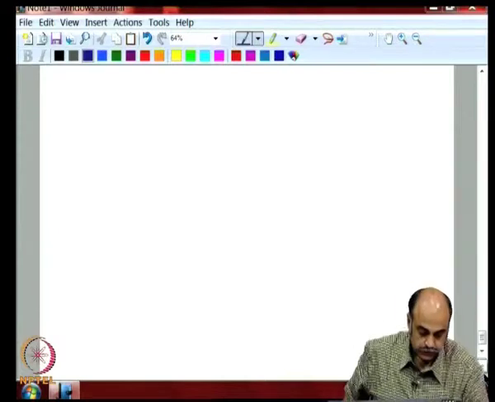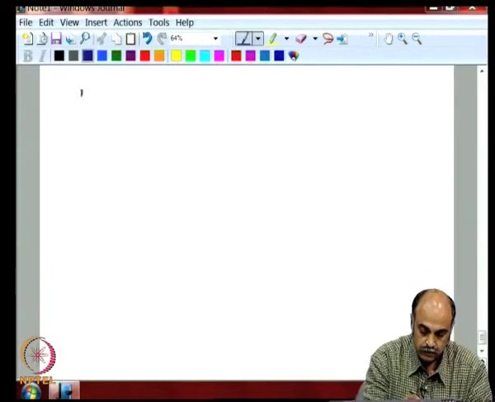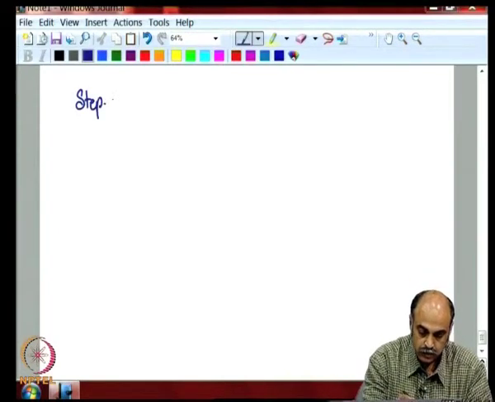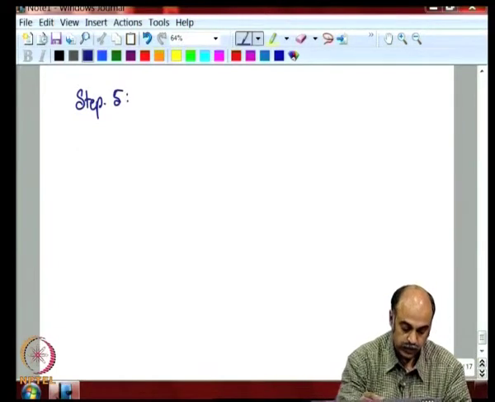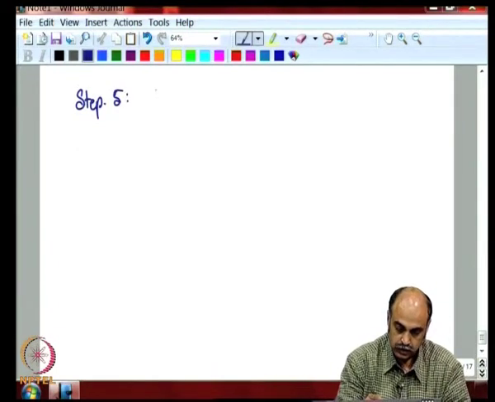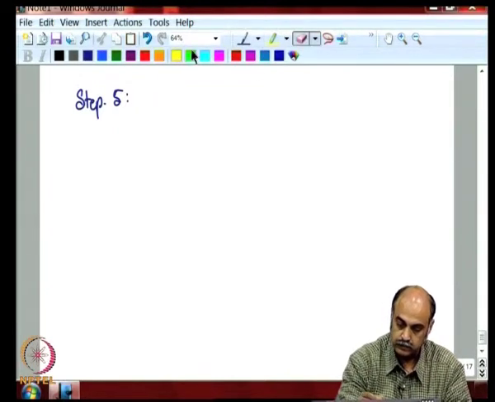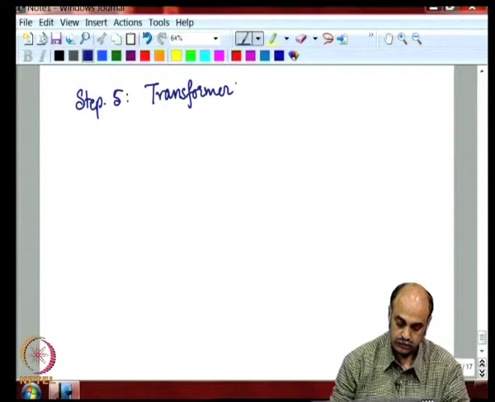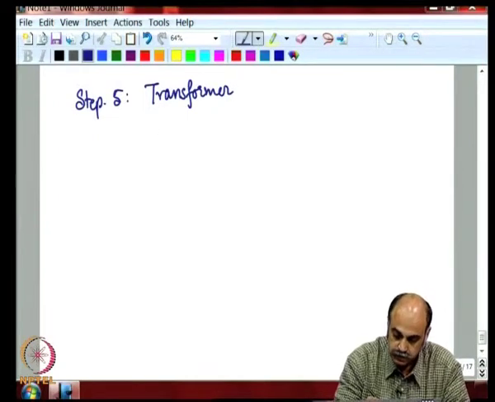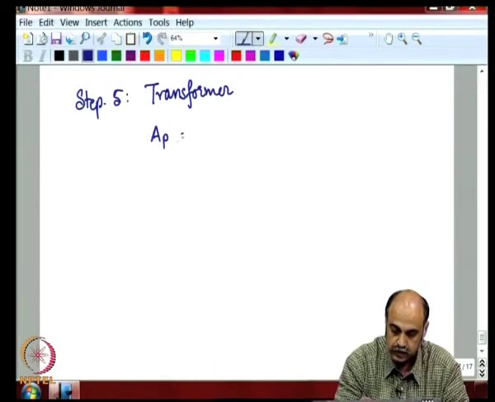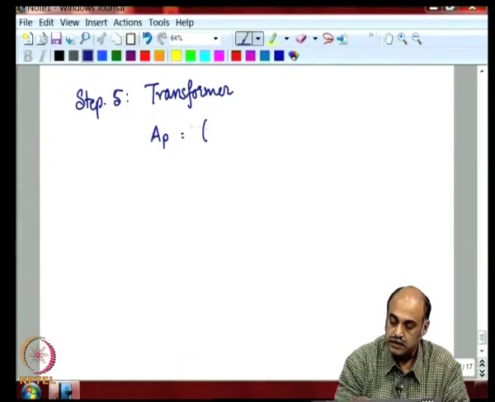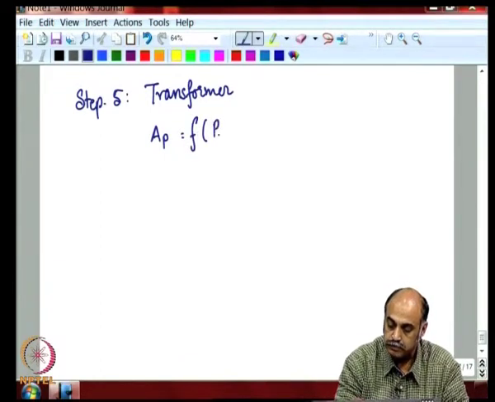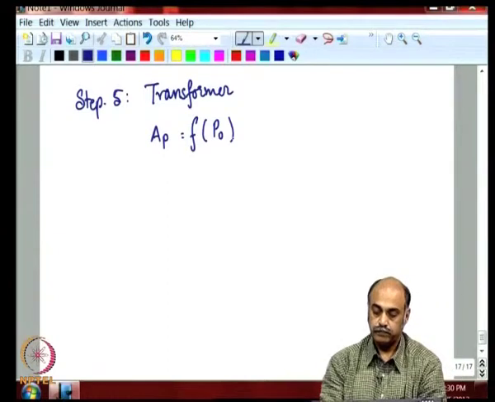Now, next step would be to design the transformer. So, in the transformer, first you calculate the area product, which is a function of P naught as we observed.